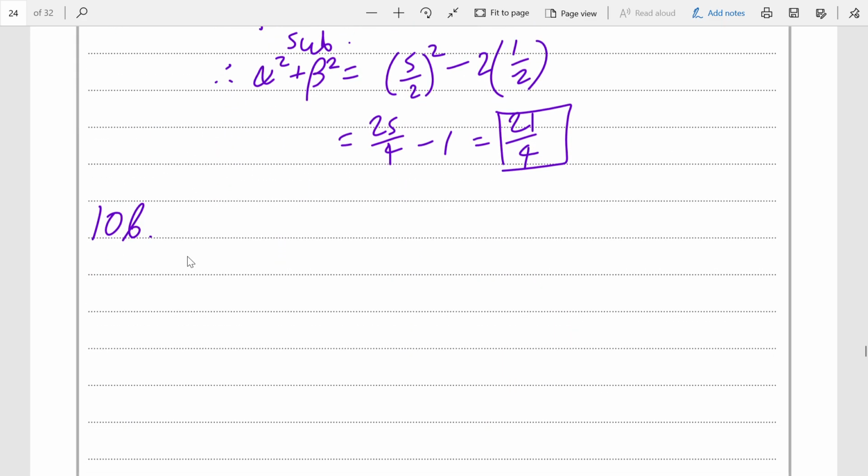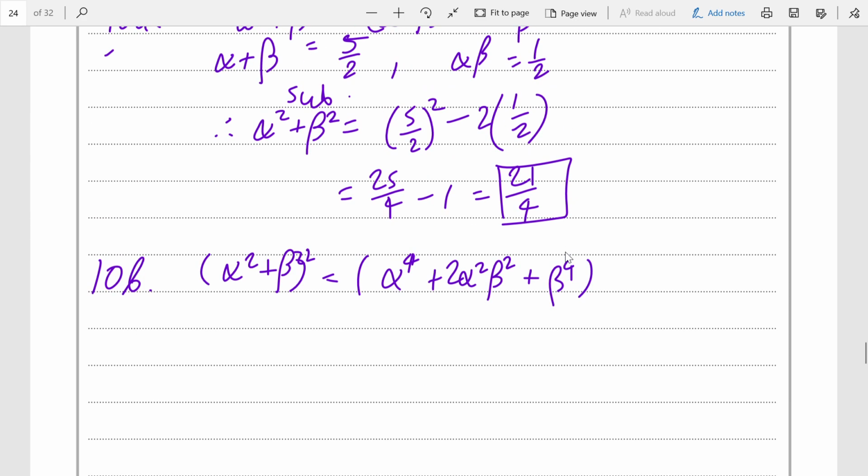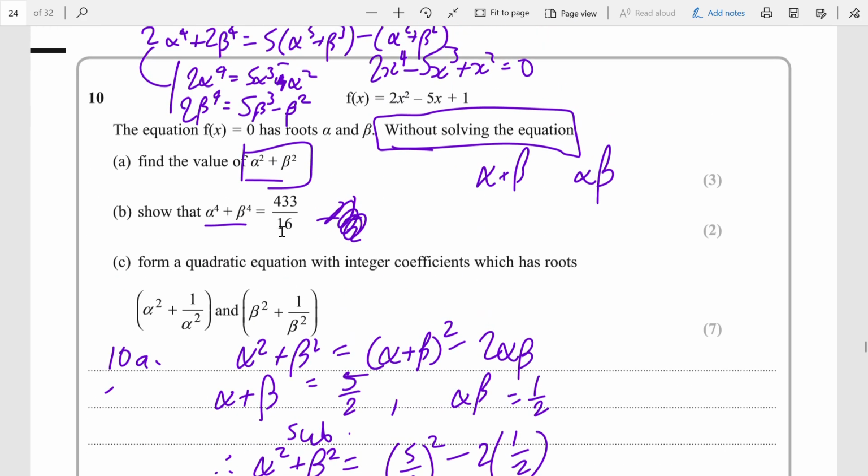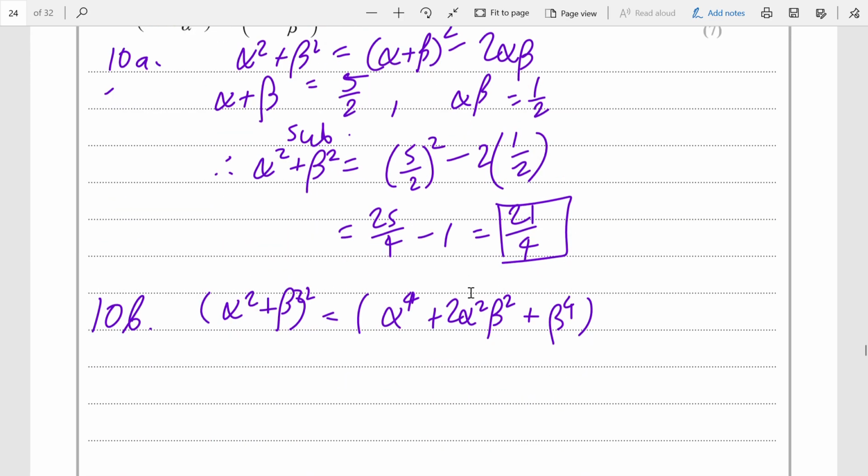So, right, one thing I'm going to try is alpha squared plus beta squared, squared, which would be equal to, of course, alpha to the 4th plus 2 alpha squared beta squared plus beta to the 4th. And the reason that I thought of this attempt is basically because the numbers here look very similar to this square.